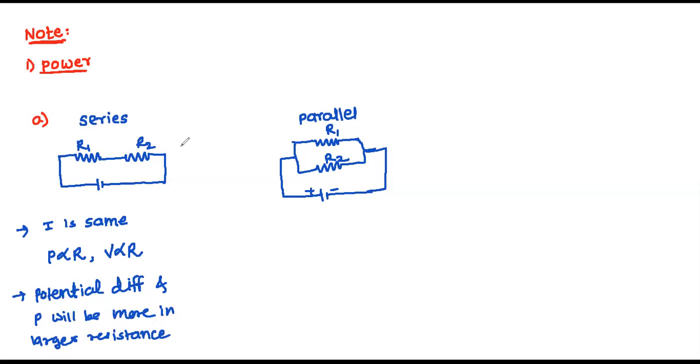Clear? I is same, P is equal to I square R, V is equal to IR. So power and potential are directly proportional to resistance. Got it?